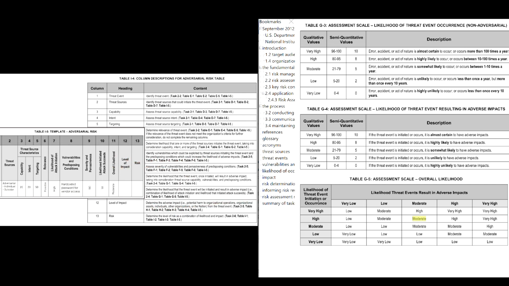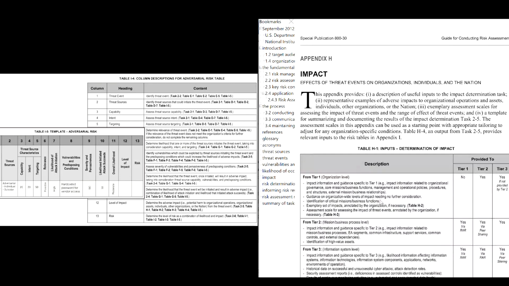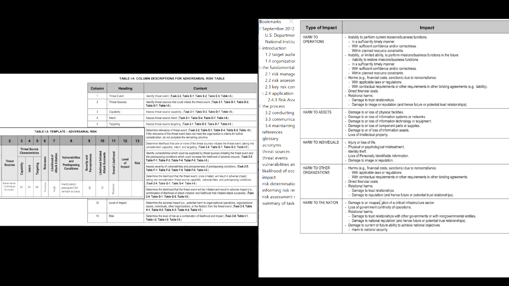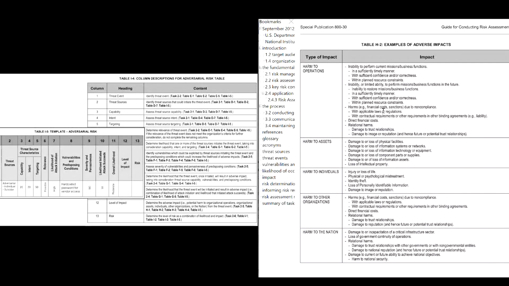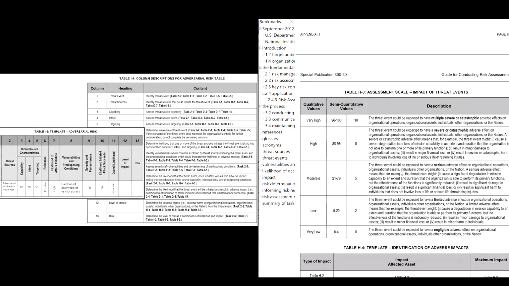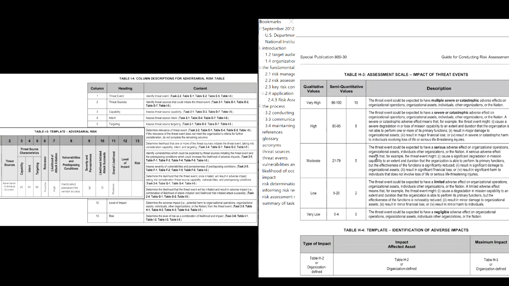The adverse impact itself, that should be below, tables H1 to 5. So these are the examples of adverse impacts we discussed in the previous video, impact of threat events. And this is where I can select one of these values that are either qualitative or semi-qualitative. Since the adversary can leak information about my network, this is not catastrophic or super catastrophic.